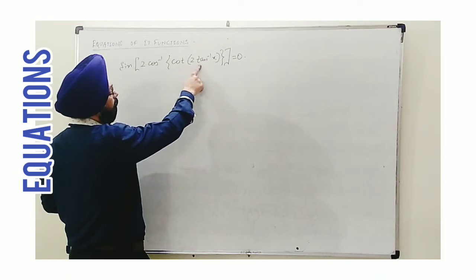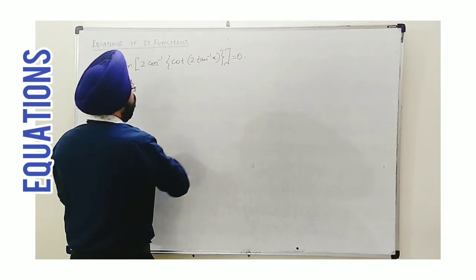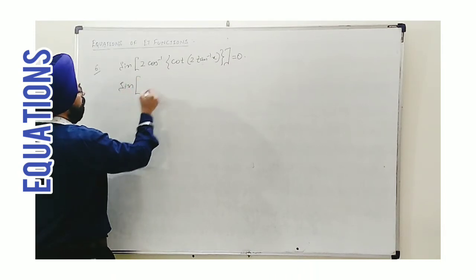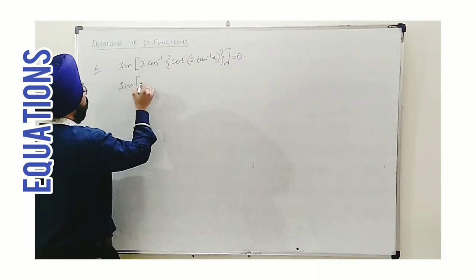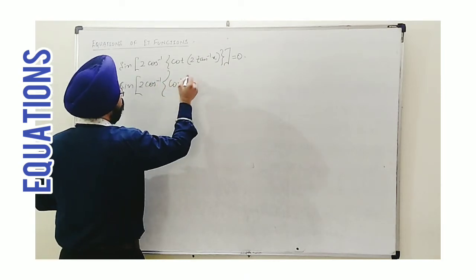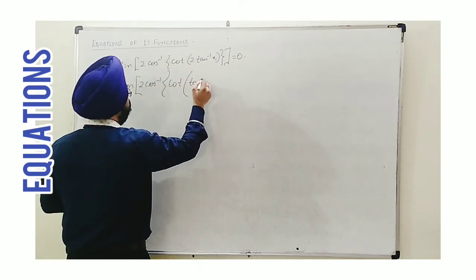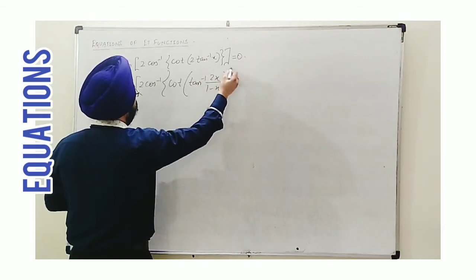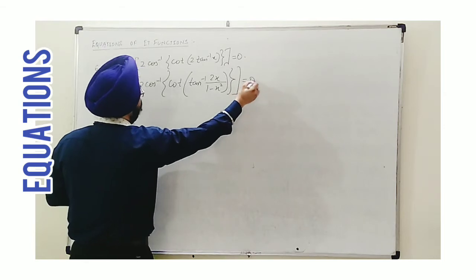Obviously we cannot cancel cot and tan⁻¹ directly, so we need to apply the identity. 2 tan⁻¹ x will be written in terms of tan⁻¹ first as tan⁻¹(2x/(1 − x²)). Direct identity I have written.